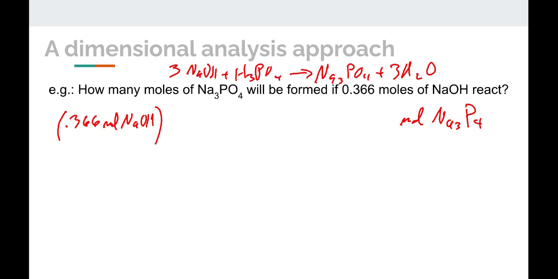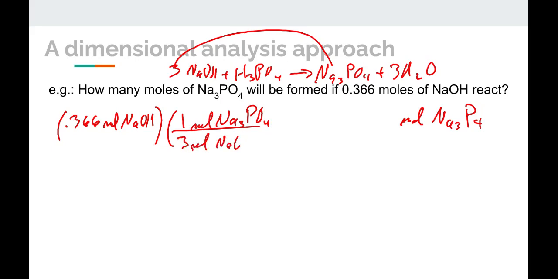So the ratio is 3 sodium hydroxides to 1 Na3PO4, or if we flip it upside down, 1 mole of Na3PO4 for every 3 moles of NaOH. By setting it up this way, the moles of NaOH cancel out, and we're going to get moles of Na3PO4, which is what we want. And of course, the answer is the same as if we do it with the BCA chart. It's 0.122 moles.